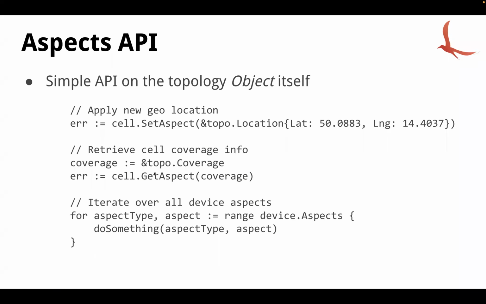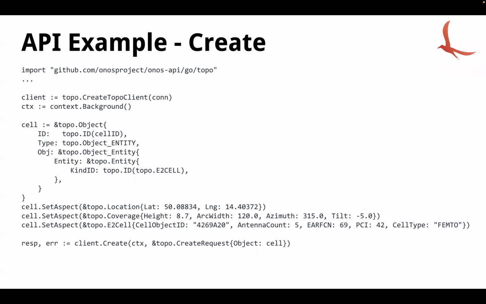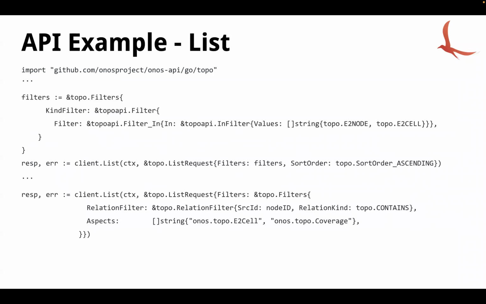I was just a little confused because the typing is different between the topo E2cell in all capital letters on top and the one on the bottom. This is E2cell capital, sorry. So these are just defined. The E2cell is a define for a kind. The kind ID is a string.